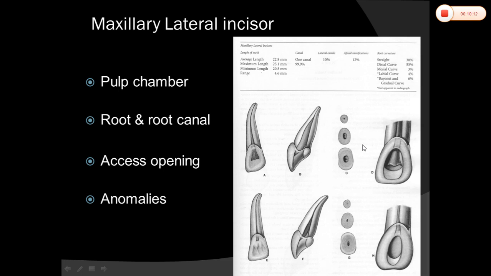The external access outline form is a rounded triangle. It often has anomalies, that is, the presence of a lingual radicular or developmental groove, and hence it loses its periodontal attachment. It can lead to endodontic or periodontal etiology.